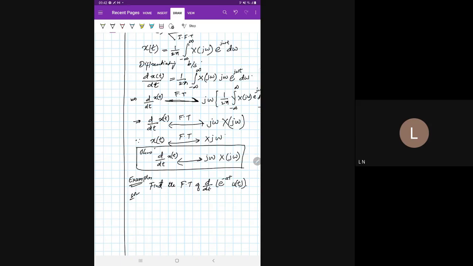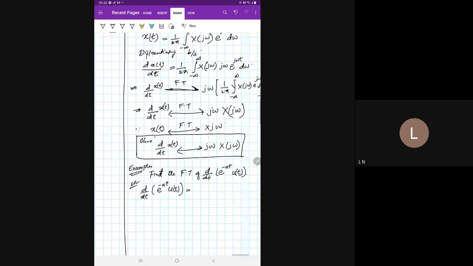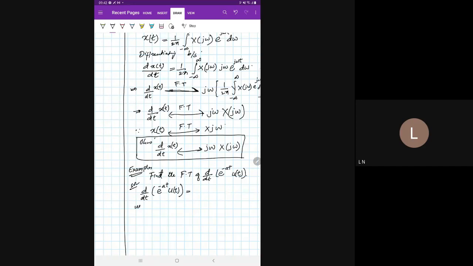Now see, we know d by dt of e raised to power minus at u of t, so we will apply the product rule for differentiation.